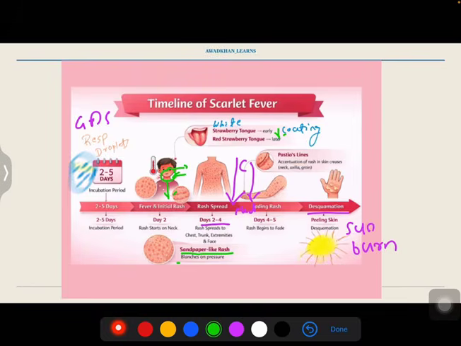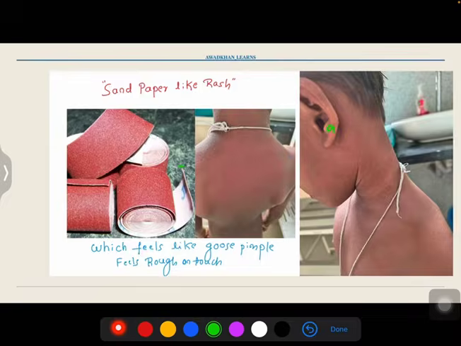There is a special entity called Pastia lines. This is accentuation of rash in creases. So this is the comparison of sandpaper and rash, which are looking same. And the rash feels like a goose pimple, feels rough on touching. Okay, this is also the same goose pimple appearance.